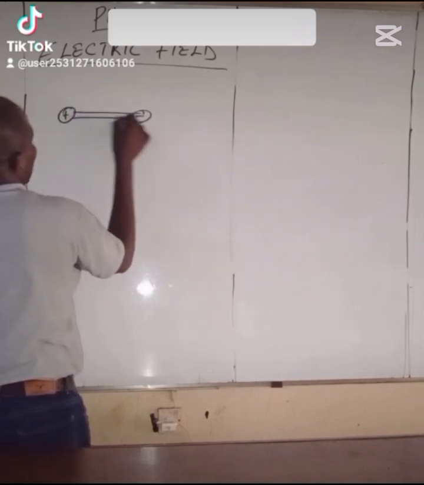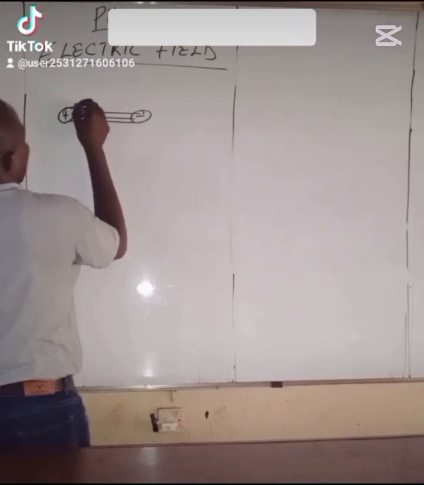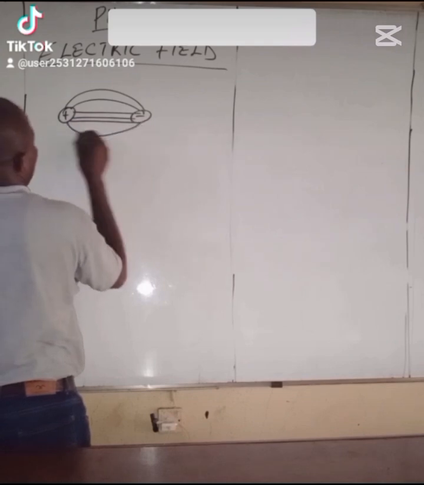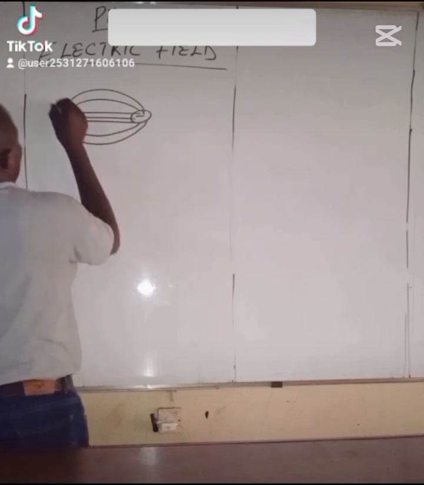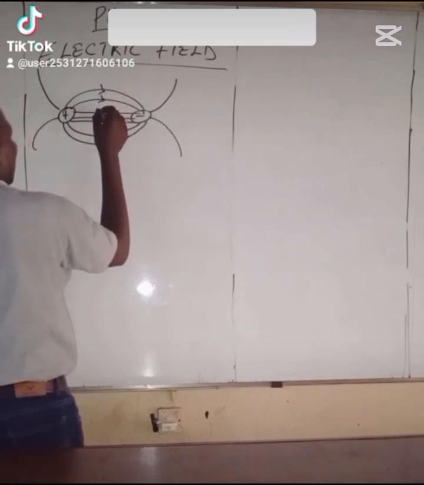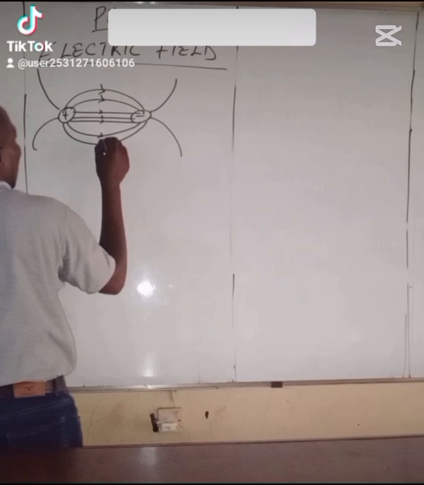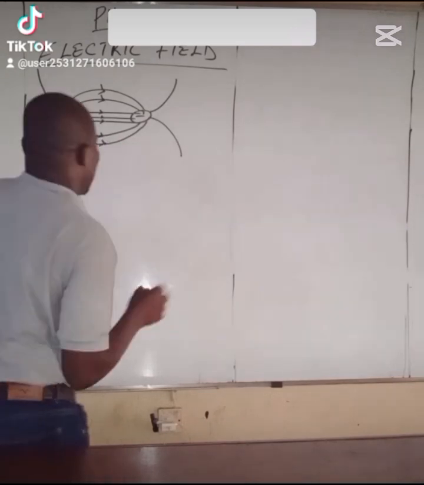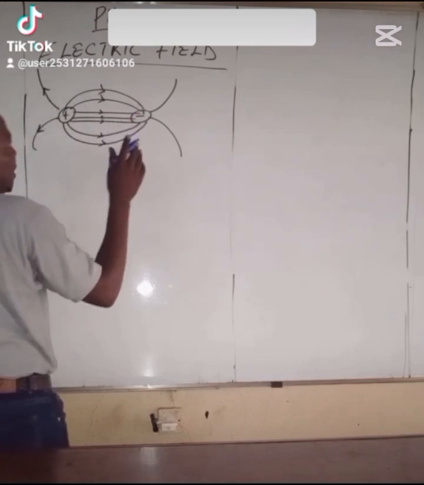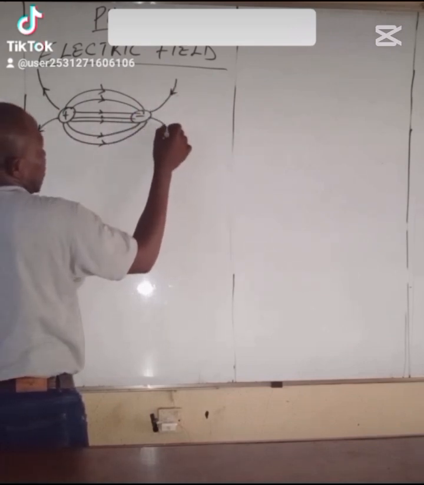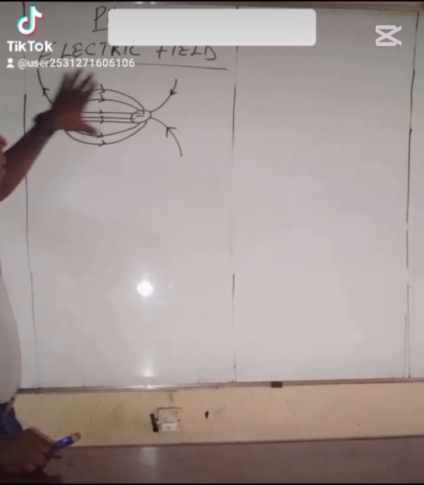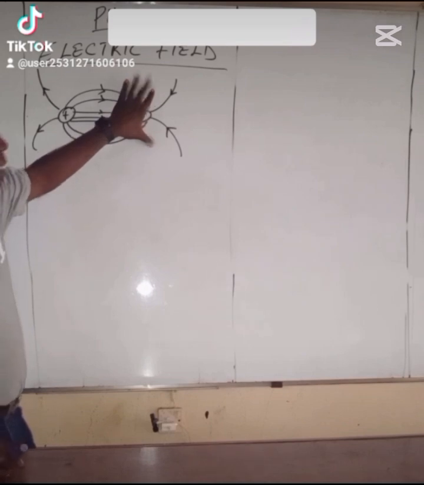Now this field will move this way. The arrow indicates the direction of the field. Electric lines of force do not cross each other and they are evenly spaced. So for positive charge, it will be moving outward. For negative charge, it will be moving inward. So the law says that the line of force starts from positive and ends in negative.